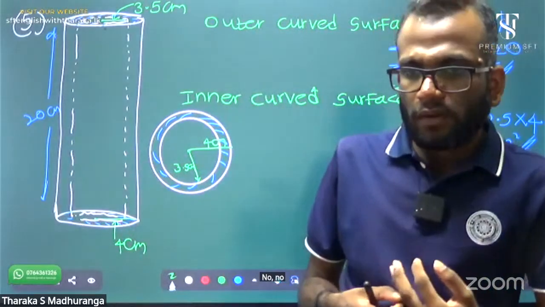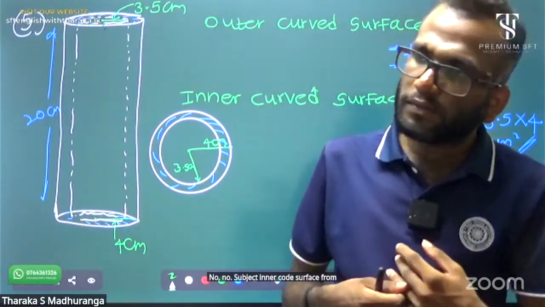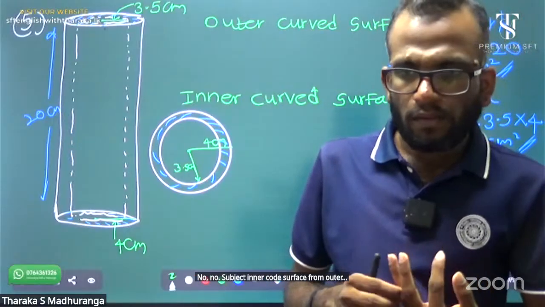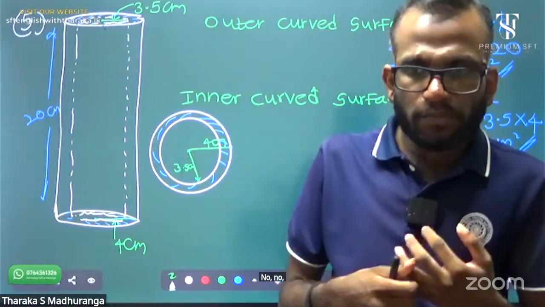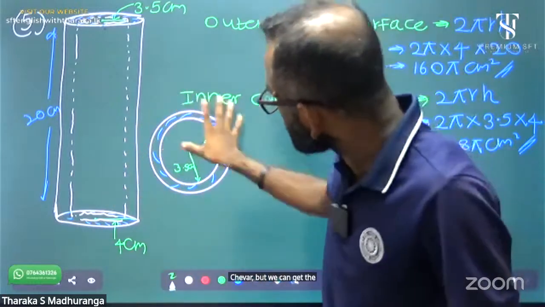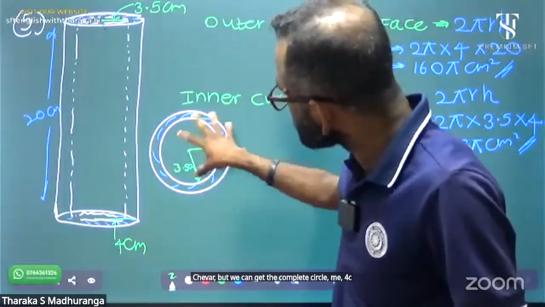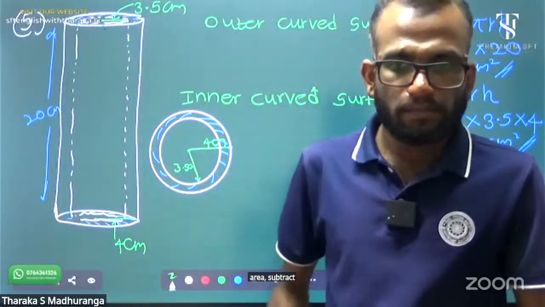No. Subtract inner curved surface from outer? No. Curved surface we can't subtract. But we can get the complete circle. The 4 centimeter complete circle area, subtract the small circle.